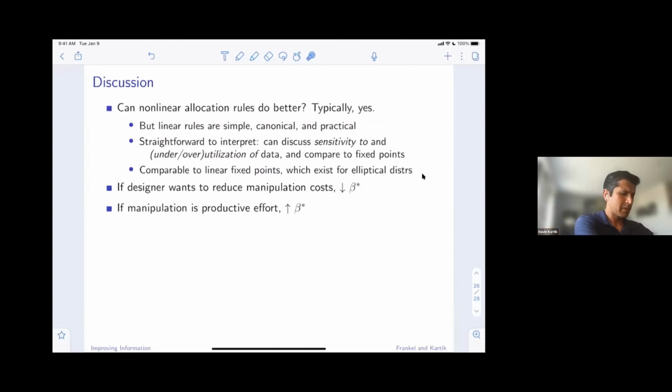Okay. And then there are easy extensions to, what if the designer cares about the manipulation cost directly? What if the designer wants to induce the agent, if we think about the agent's gaming as being productive effort, what if the designer cares about that? There are easy comparative statics that one could think about.